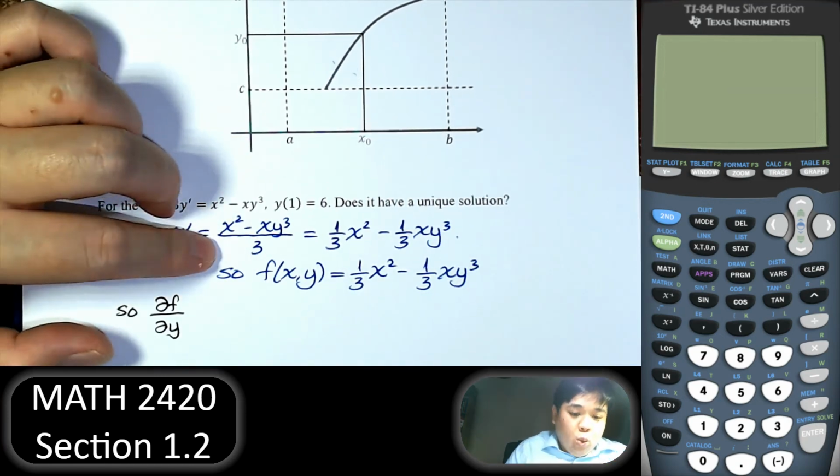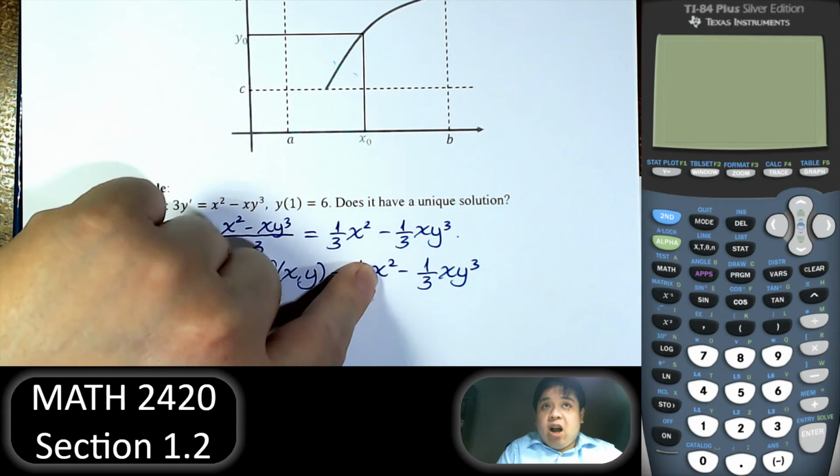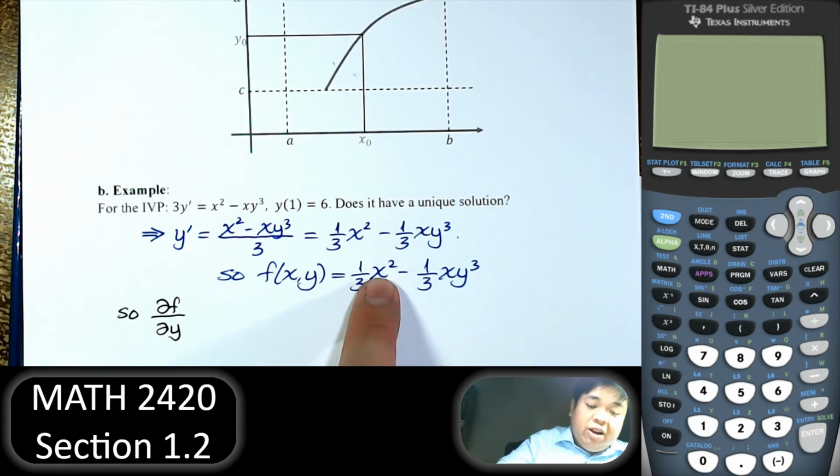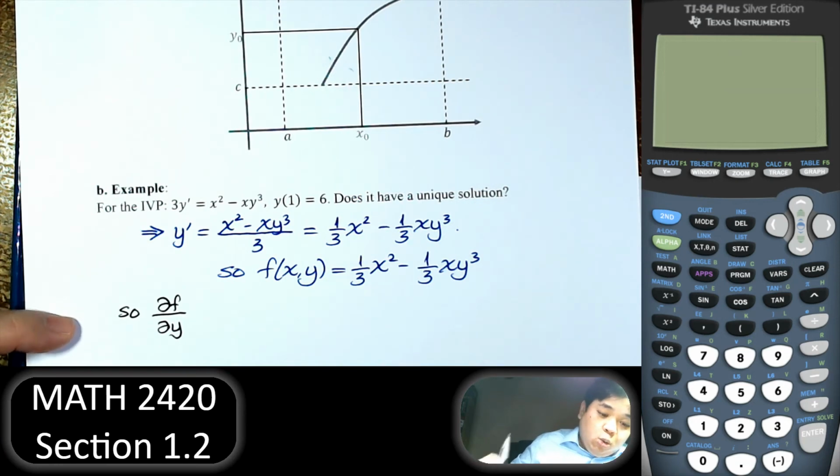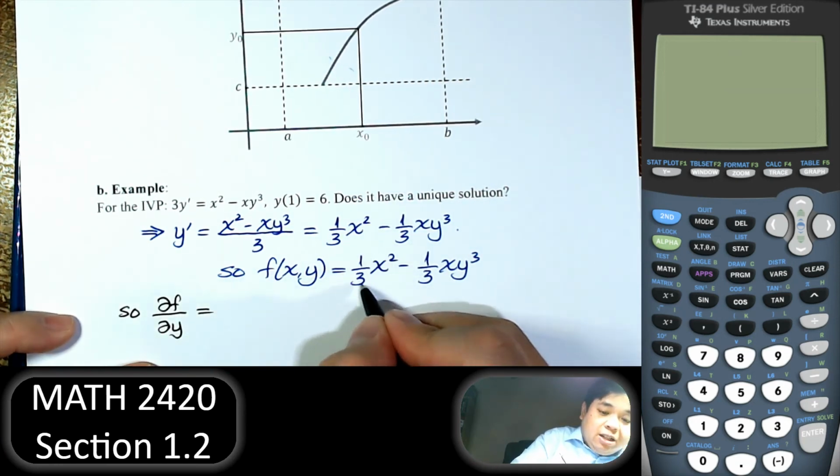With respect to y, we can treat x as a constant, and the derivative of a constant is 0. So with respect to y, this term is a constant, its derivative is 0.